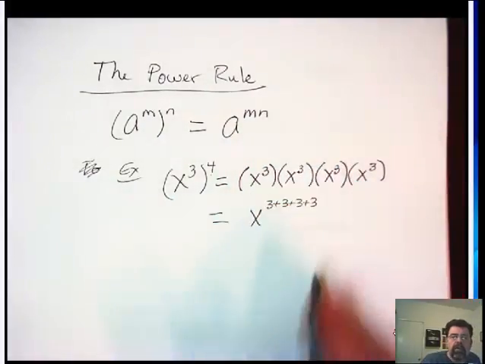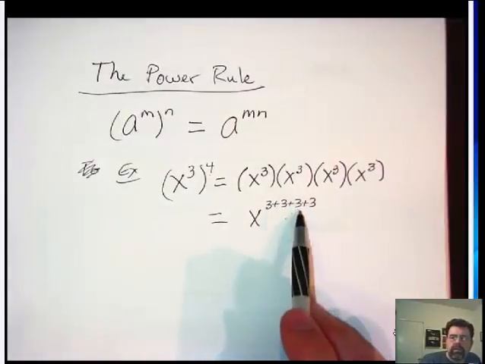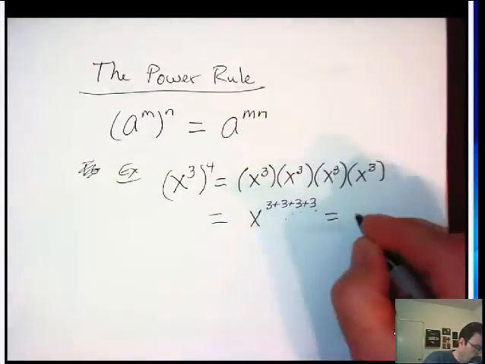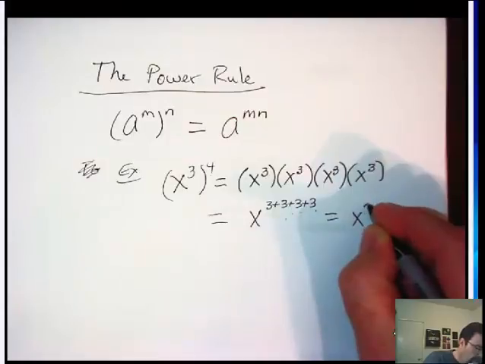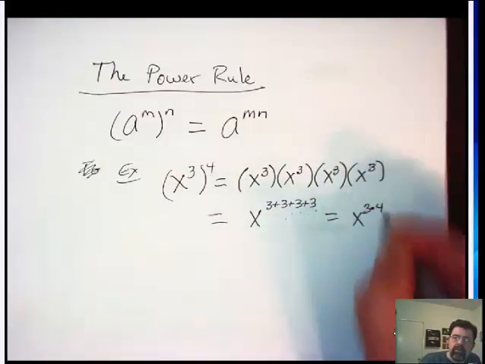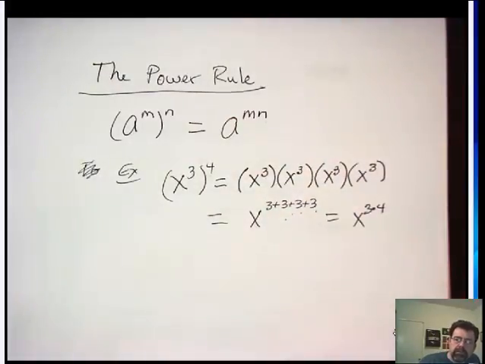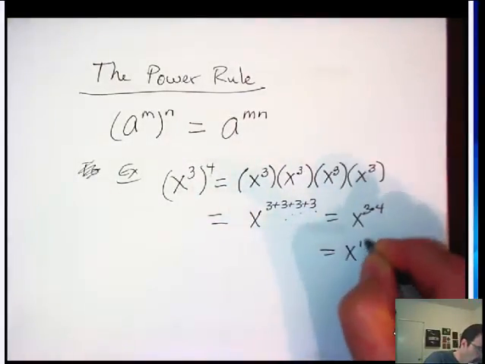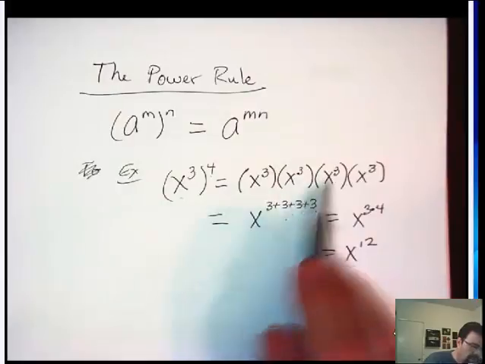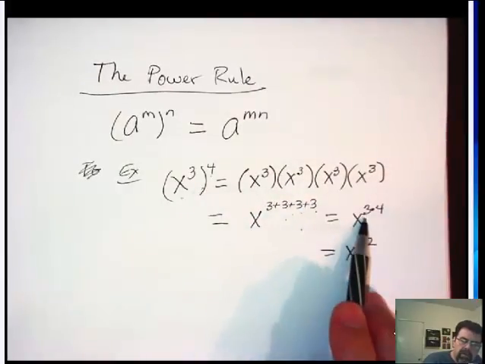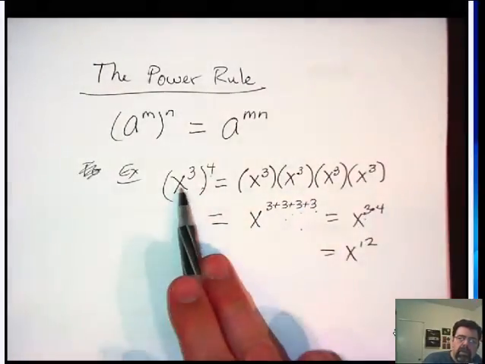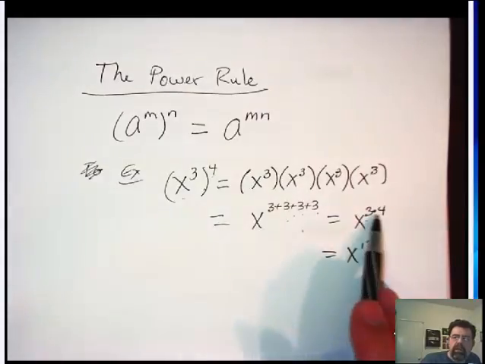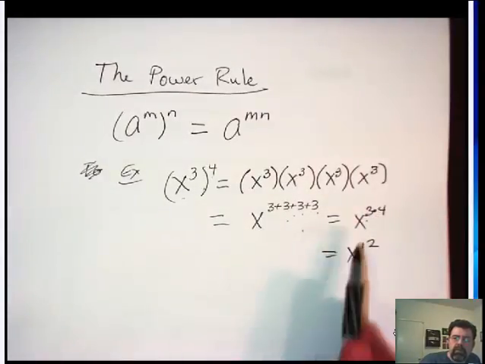Well, a shortcut of doing 3 plus 3 plus 3 plus 3, you could say 3 times 4, right? 3 4 times. So 3 times 4 is 12. So what we can do is cut to the chase, skip all this work in the middle, go from here to here. If you take a power to a power, you just multiply the exponents. So 3 times 4 is 12.